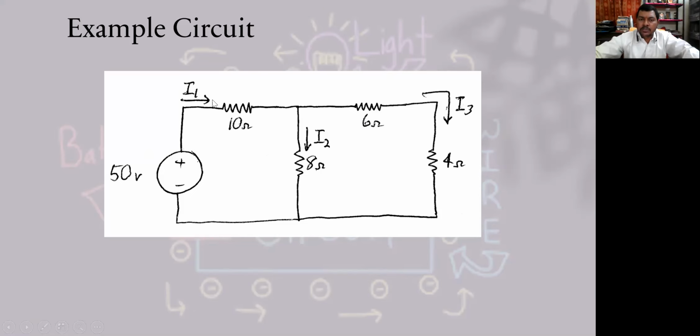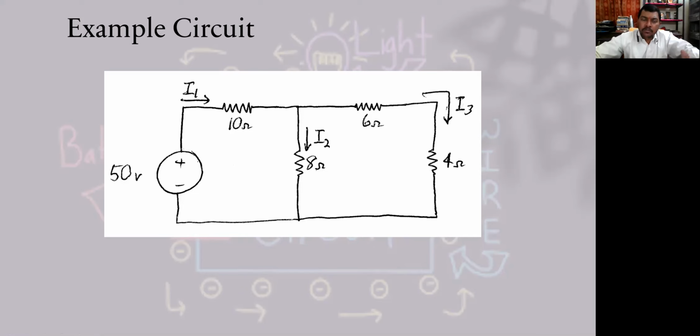Here 6 plus 4 are in series, but this whole resistance is in parallel with 8 ohms. So we have to calculate the effective resistance, add it, calculate the current again, then separate this and calculate again. This procedure is a little complicated if you start using Ohm's law itself.